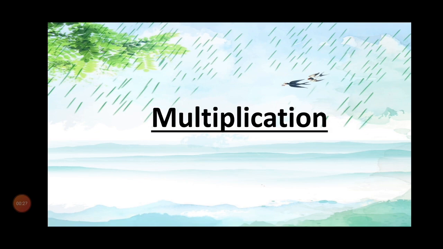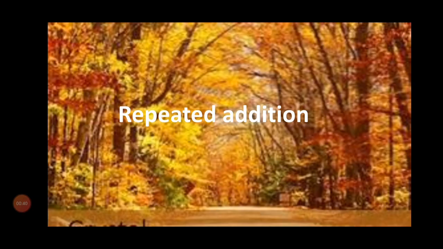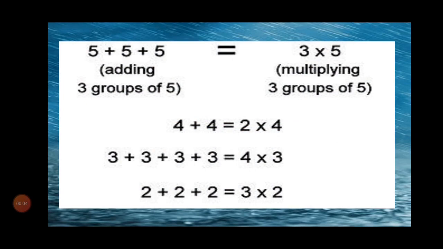Okay, now I'm going to explain what you mean by multiplication. Basically, multiplication means a repeated addition. For example, 5 plus 5 plus 5 given on left is equal to 3 into 5.